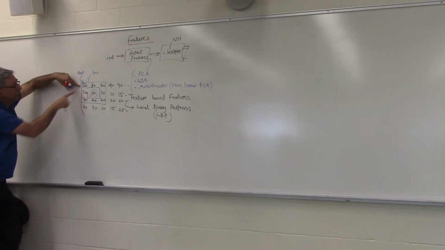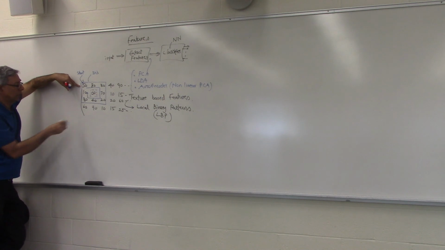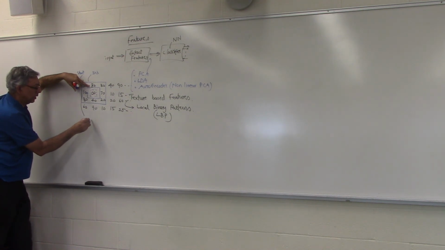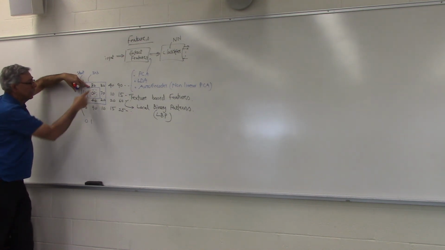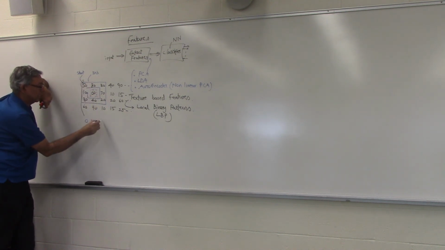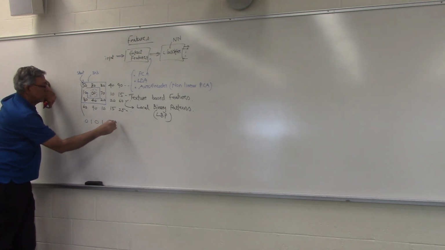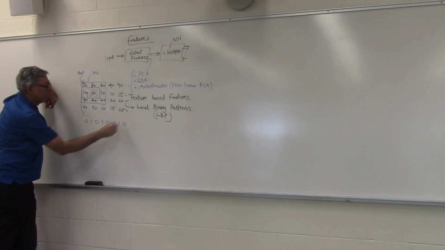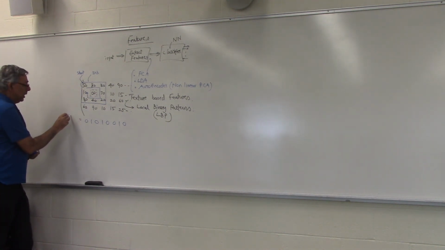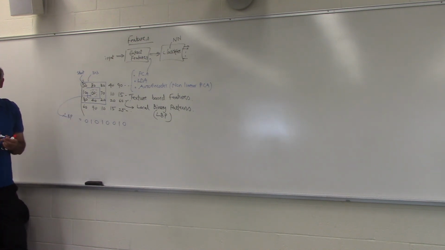Is 50 greater than 60? No, so 0. Then 80 greater than 60? Yes, 1. 30 greater than 60? 0. 70 greater than 60? Yes. 20 greater than 60? No. So this is what we call the LBP at this particular position, the local binary pattern.